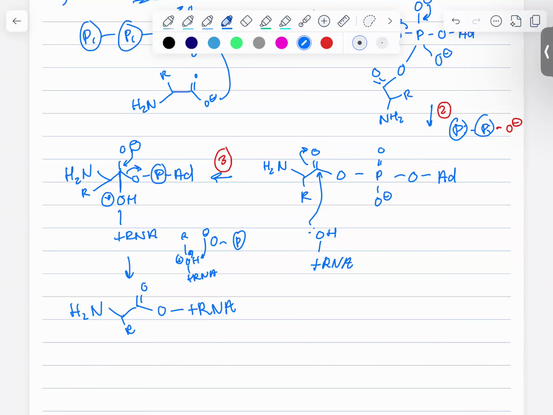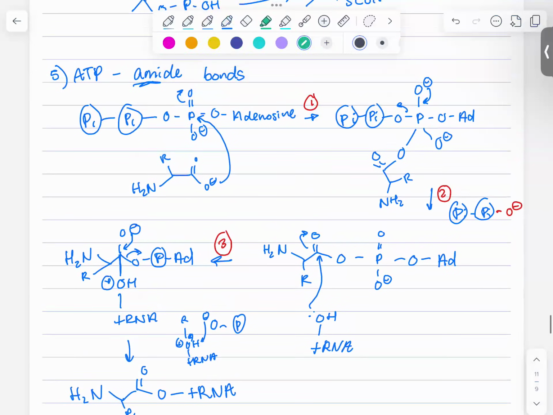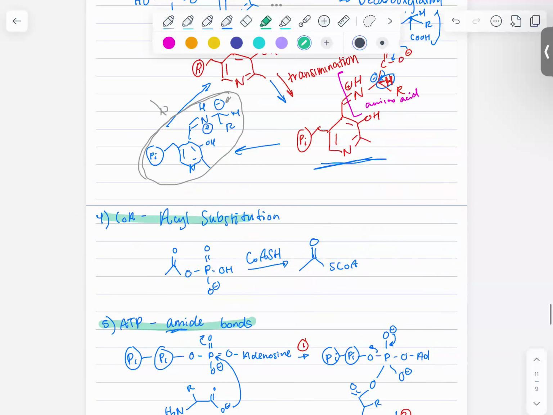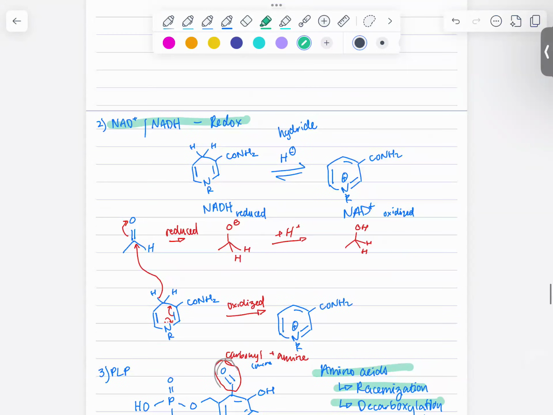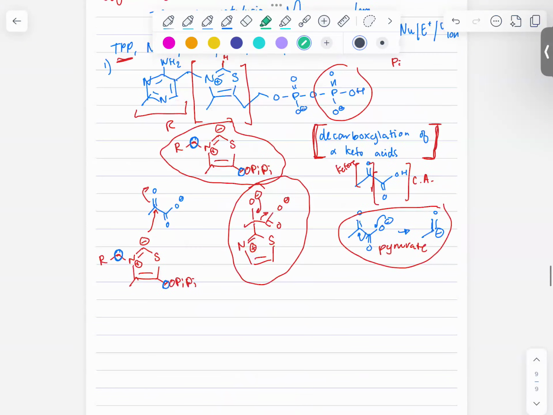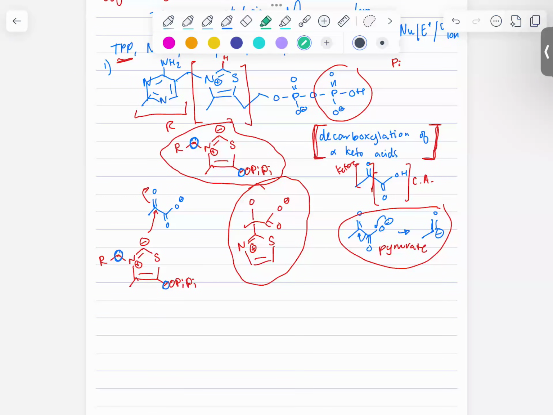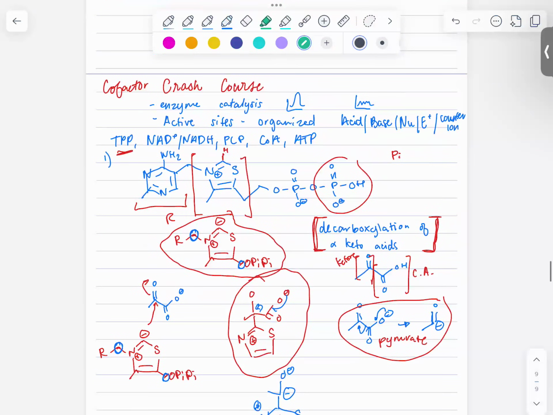Okay. Do we feel better about cofactors? Do we feel worse about cofactors? I tried to highlight the most important of them.